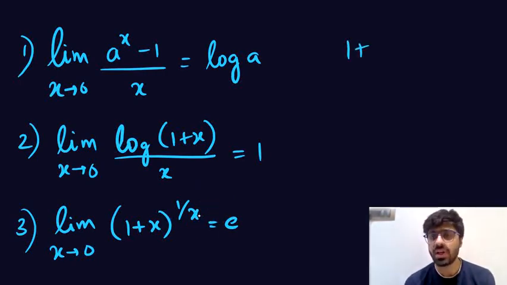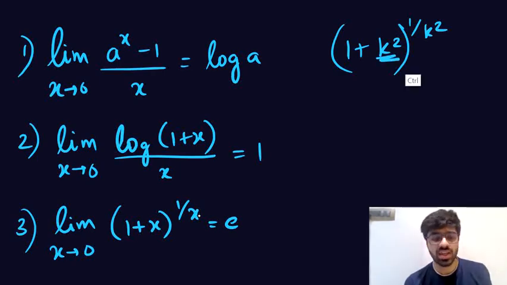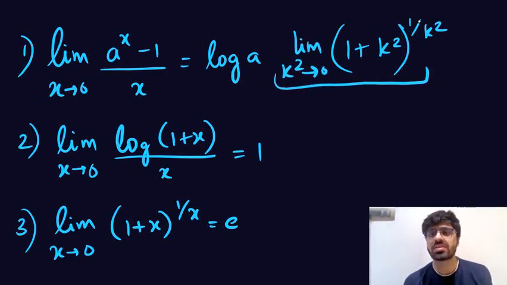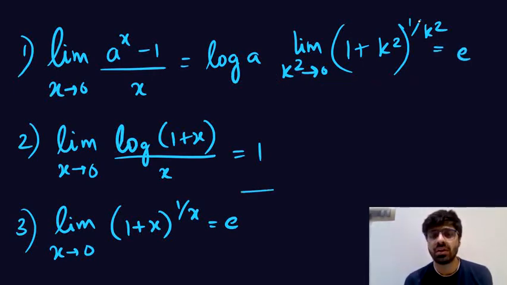So if I have 1 plus, let's say k square, then the power of the bracket should be 1 upon k square, because the variable is k square. The power should be reciprocal of the variable, and limit of k square should be tending to 0. With all these terms being taken care of, the value of this expression will be equal to e, as per result number 3.